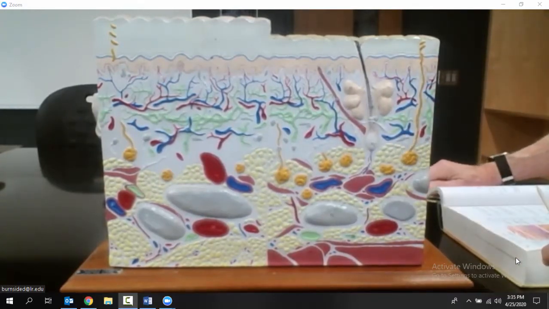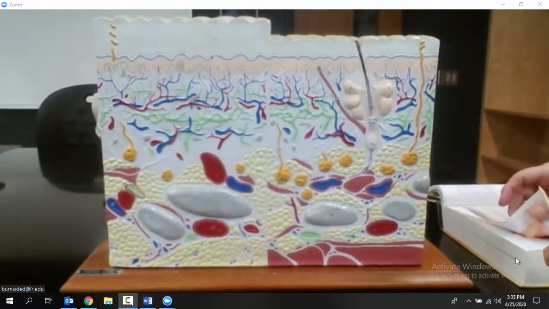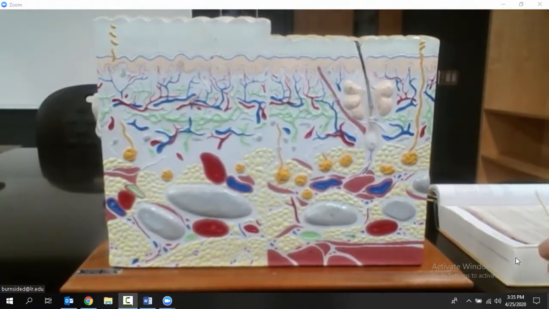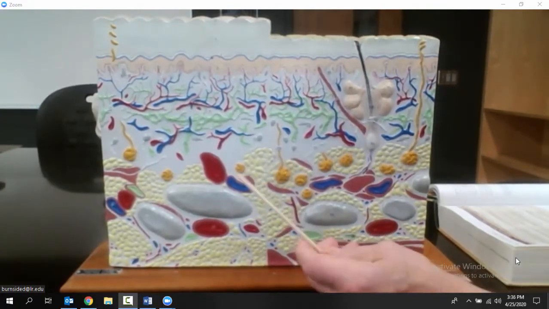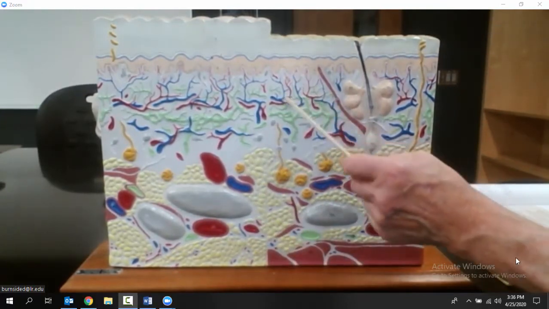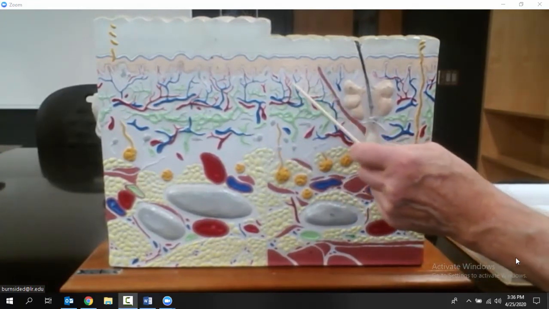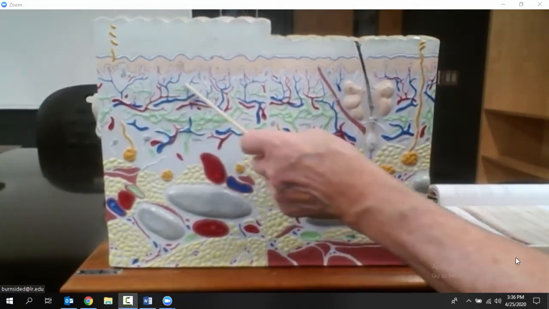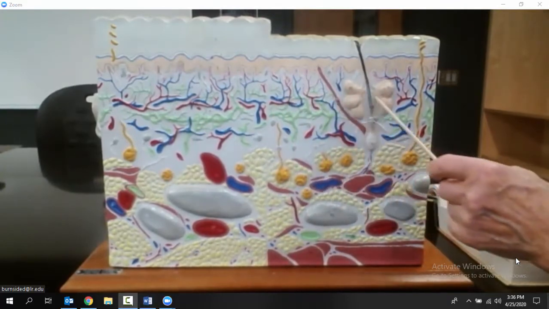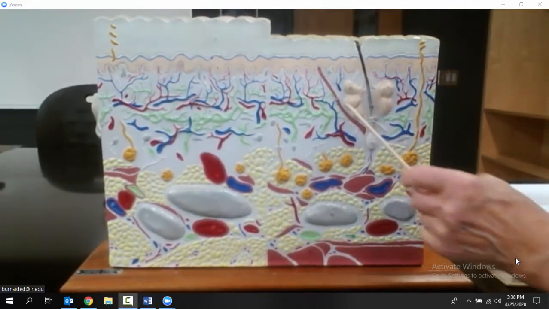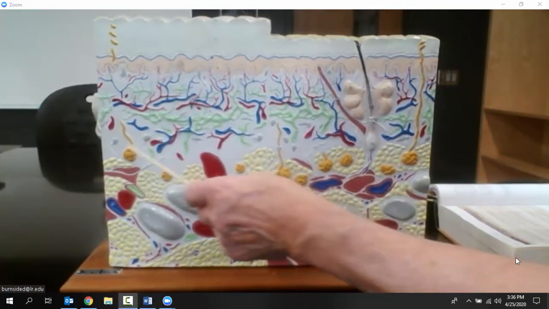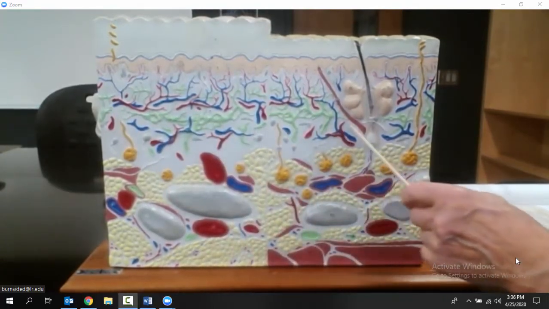Give me a minute to remember this. The dermis, from here on down to the fat, is made up of the papillary layer, which is just this topmost 1/5 of it, and then the other 4/5 of it down here is all called the reticular layer.